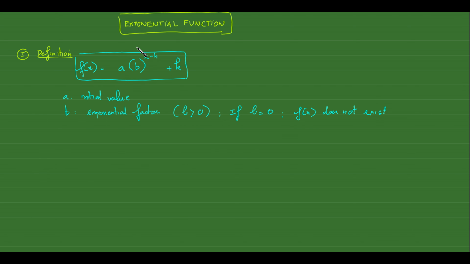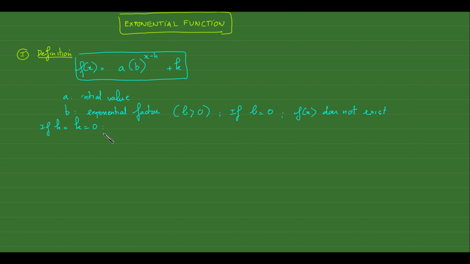Okay, and the h and k over here are nothing but transformation. The h tells you how many units going to the right or left, and the k just tells you how many going up or down. So this is the transformation we already learned. If h and k equal 0, then what happened?